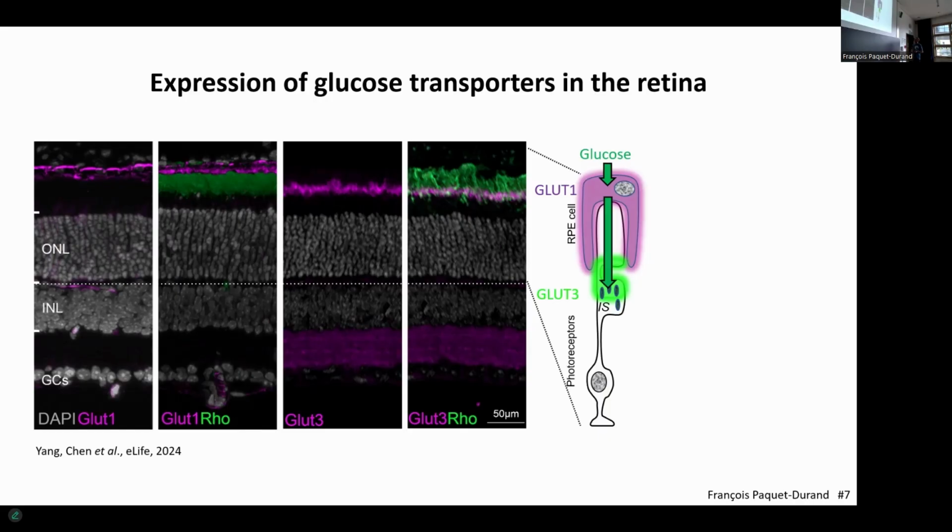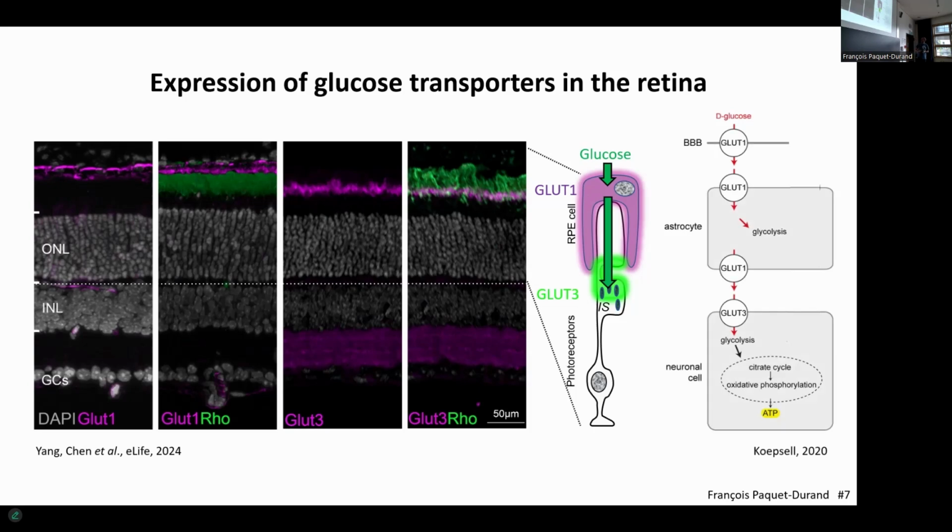So if we have a low affinity glucose transporter close to the bloodstream, where there's a lot of glucose, and then a high affinity transporter in the photoreceptor segments, the high affinity one can take glucose off the low affinity transport. If you had it the other way around, the flow of glucose wouldn't work.